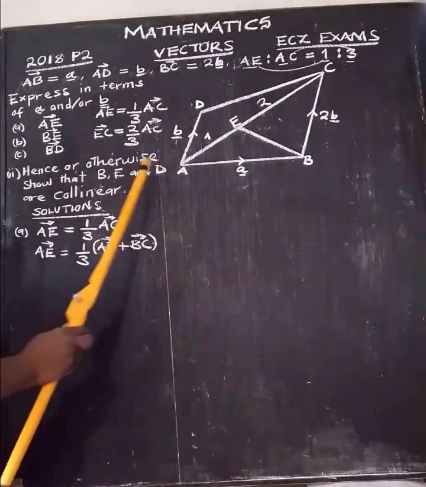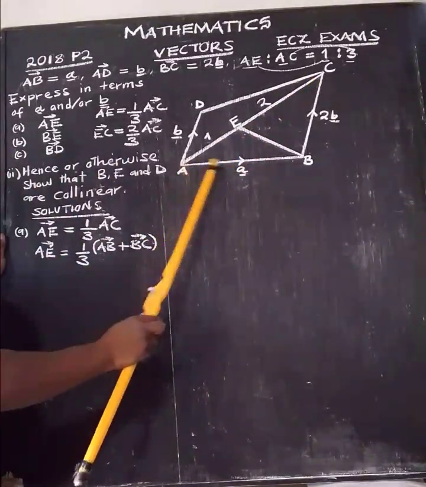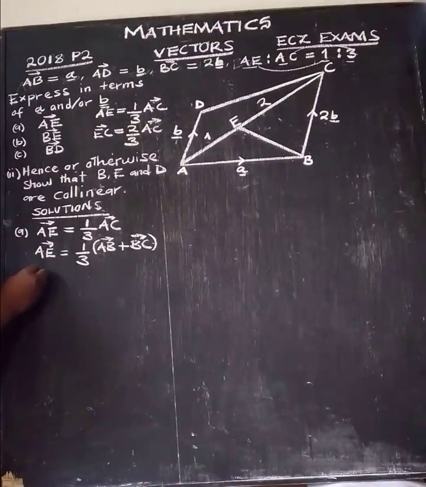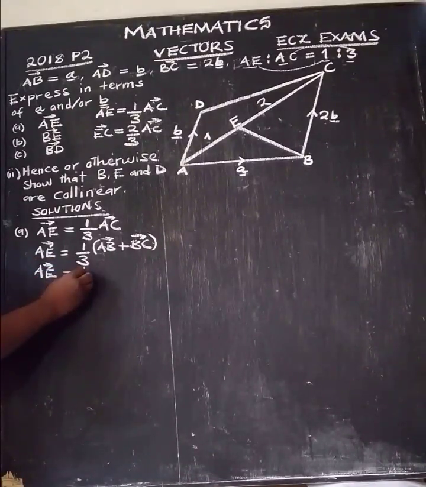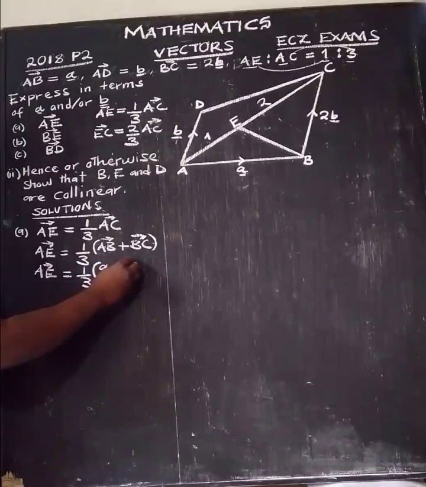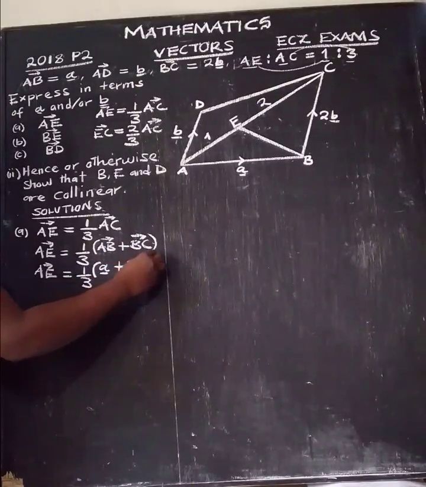From A to C, you can say AB plus BC. So AE is equal to 1 over 3. What is AB? AB is vector A plus, what is BC? BC is 2 vector B.